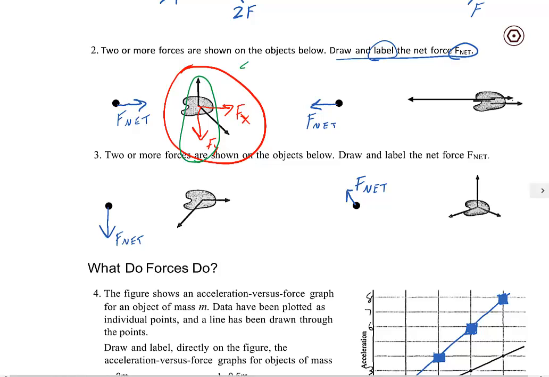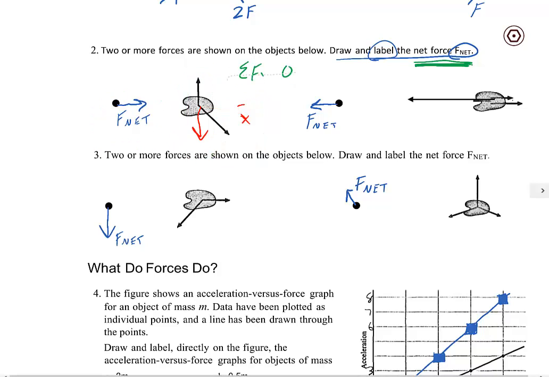Essentially we know the sum of the forces in the y direction is 0, leaving only the x force left over. If we want to draw the net force, one arrow that represents it, then the net force is to the right, and that's why in my diagram I only have one force going to the right, labeled as the net force.